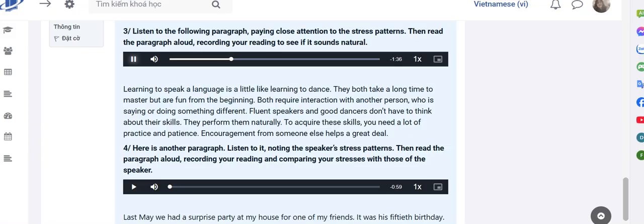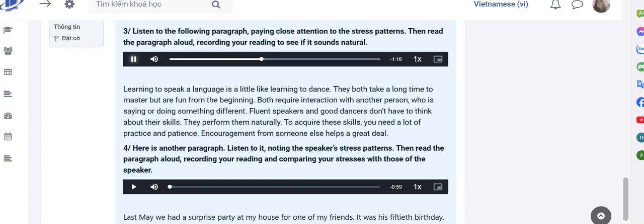Now, repeat the paragraph, one phrase at a time, after the speaker. Learning to speak a language is a little like learning to dance.